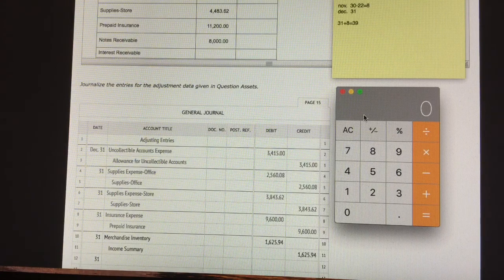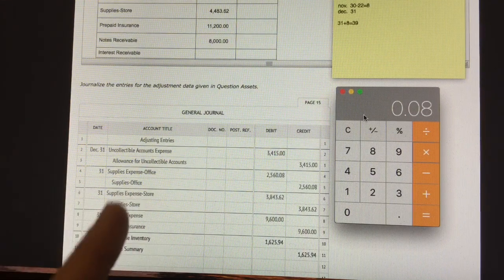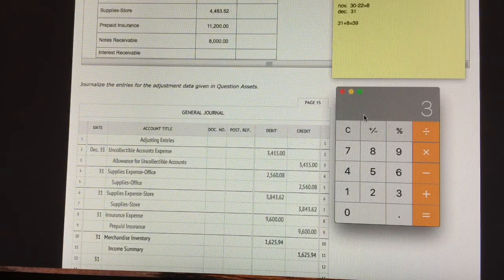We put the loan amount, the note receivable for $8,000, times the interest, times 0.08, times the number of days, times 39, and we divide it by the average number of days per year that we use in finance, which is 360. So we're actually going to journalize interest for $69, and since the third decimal is not greater than 5, everything drops off.